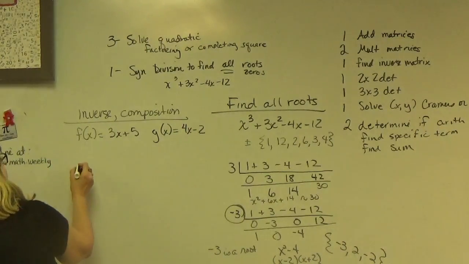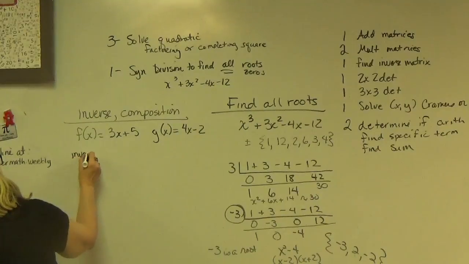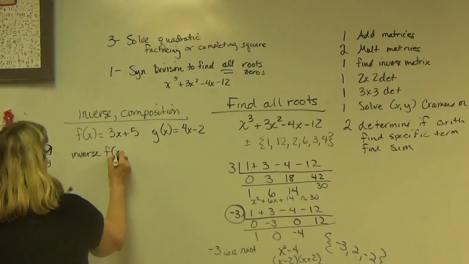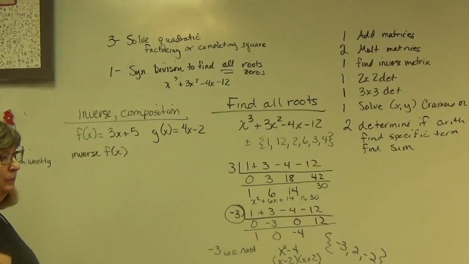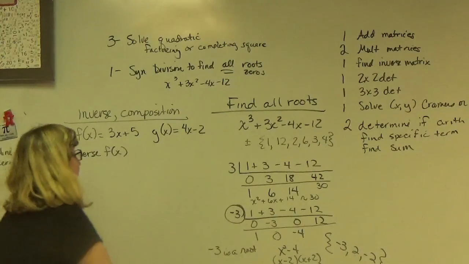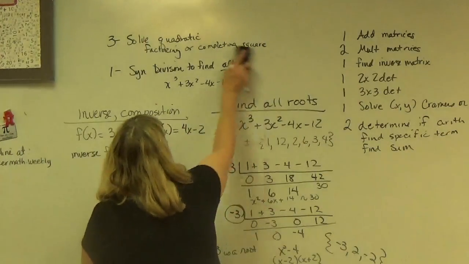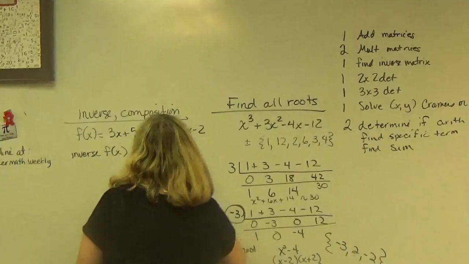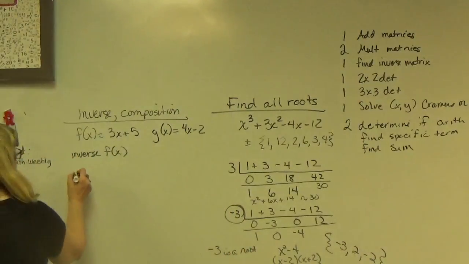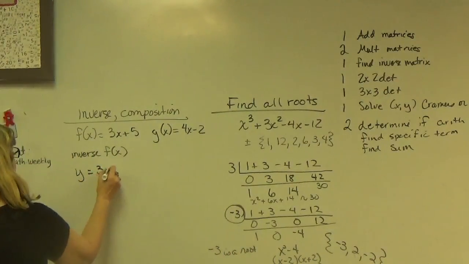So let's first find the inverse. So I'm going to find the inverse of the f function. What's f of x? Another way of saying f of x? Y equals. So I have y equals 3x plus 5.